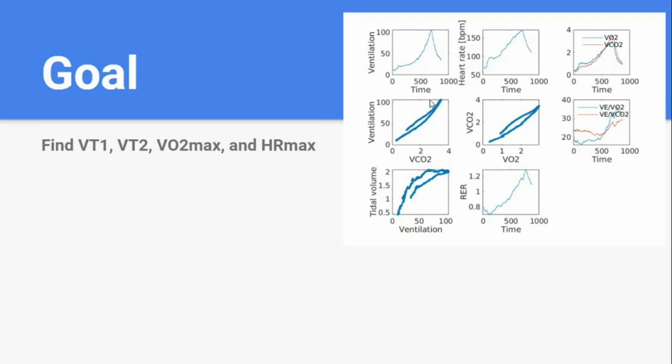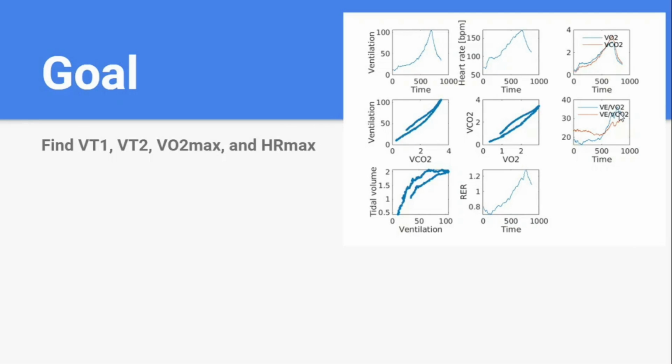Panel number 4 is usually more obvious, so you can see the deflection point of VT2 more clearly. So probably here or here. I have to make this figure bigger, but yeah, it's probably more obvious compared to panel number 5 in terms of detection of VT2.